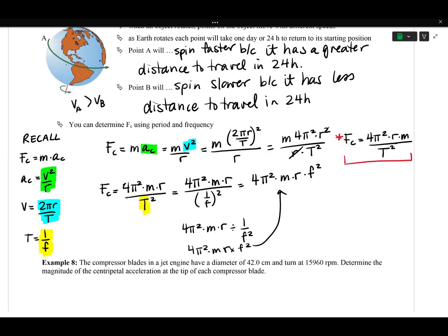So then you're going to multiply by the reciprocal, right? 4 pi squared times m times r. And then that's how you get that answer there. So this is another derived equation that we can use, 4 pi squared times m times r times the frequency squared, just in case they give us a frequency and they want us to use it in our formula.